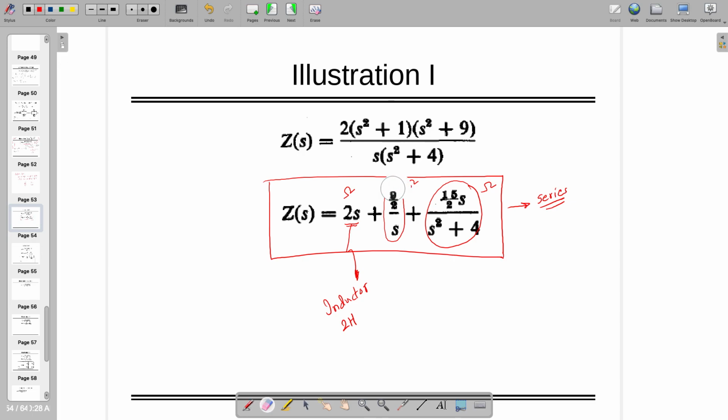So now, what do you think about this function? Is it an inductor or a capacitor? Weber? Okay. How much farad? 2 by 9 farad. What about this one?